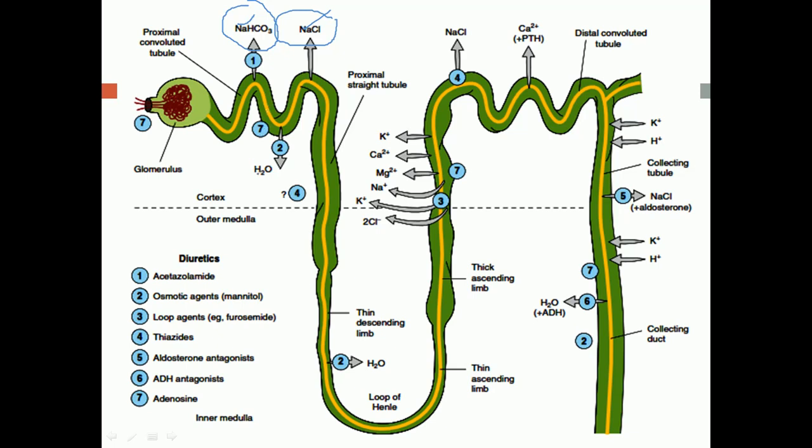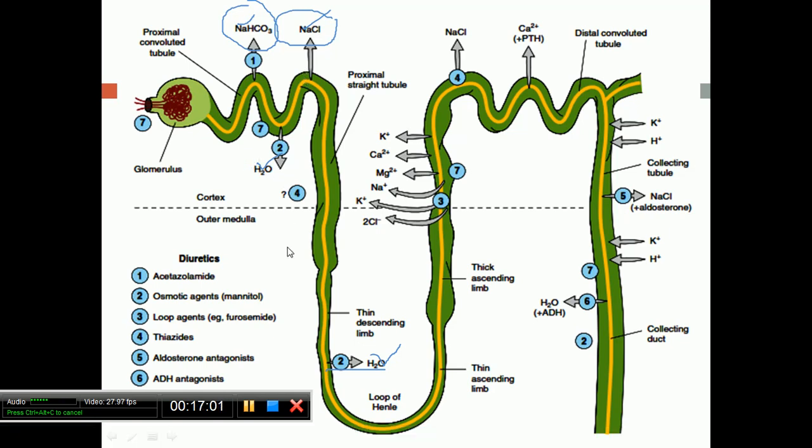Then water is also reabsorbed. Then it is the thin descending loop of Henle. This is exclusively for water. Here the water channels are there which can cause reabsorption of water in the loop of Henle.